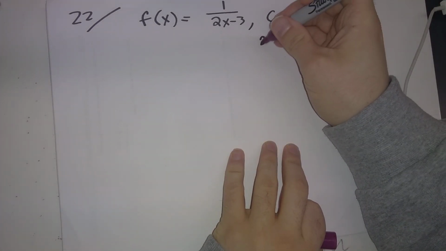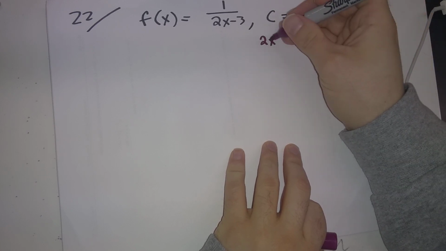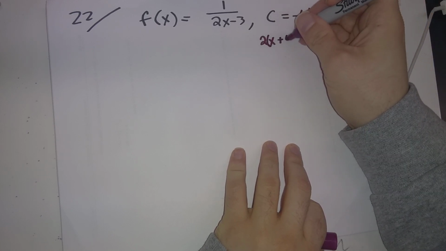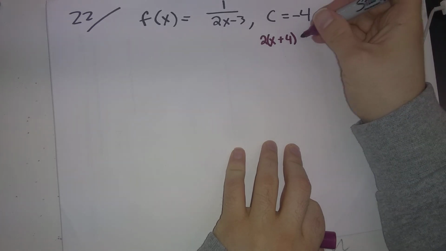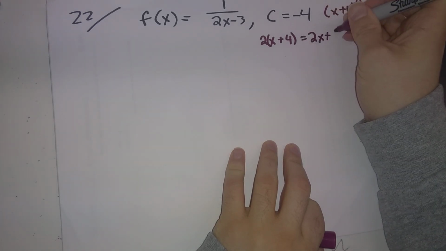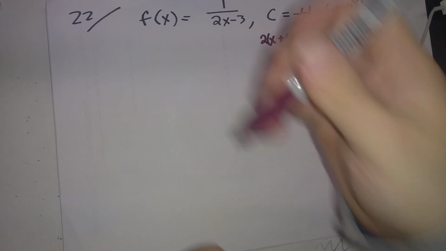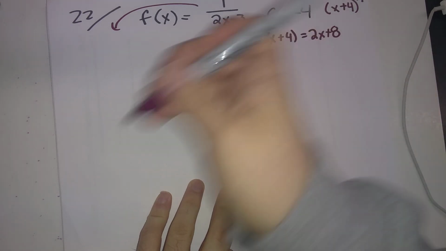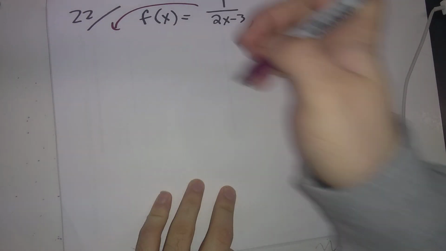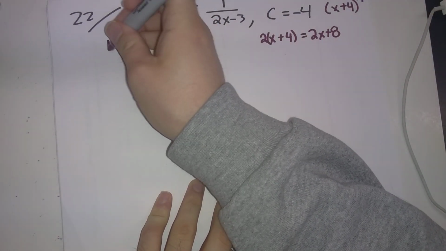Well, we have a 2x, but we want to rewrite this as, let's say, a 2 times x plus 4. And that is 2x plus 8. So that suggests that we should add 8 and subtract 8 from the denominator so that we can rewrite in terms of x plus 4.